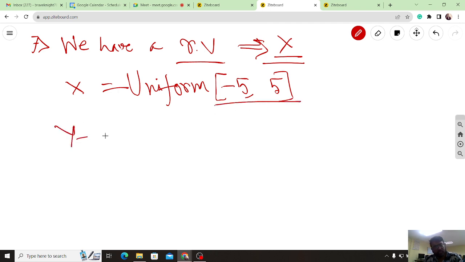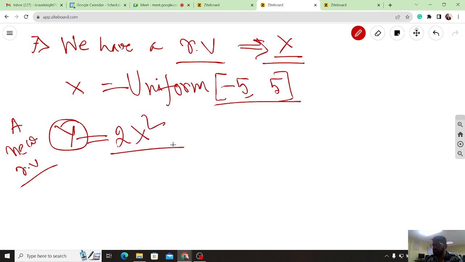So now I can define a new random variable y, which is 2x square. So the question is, what is the expected value of y?